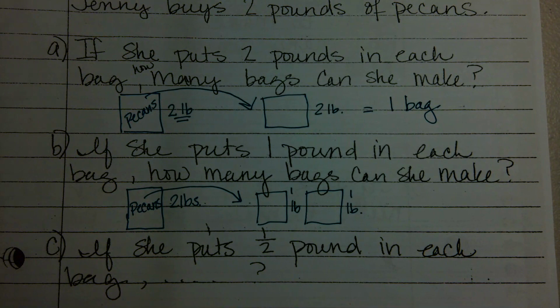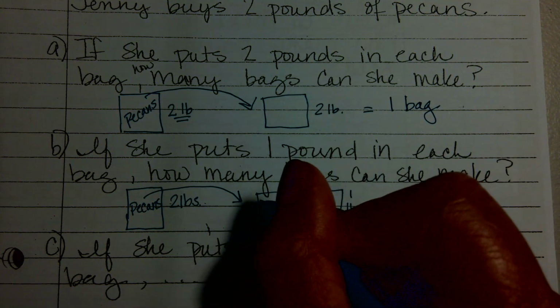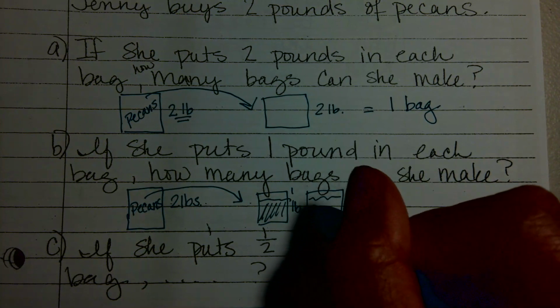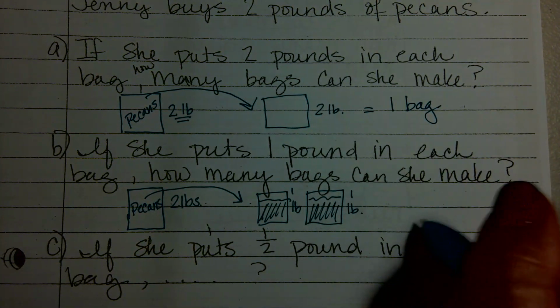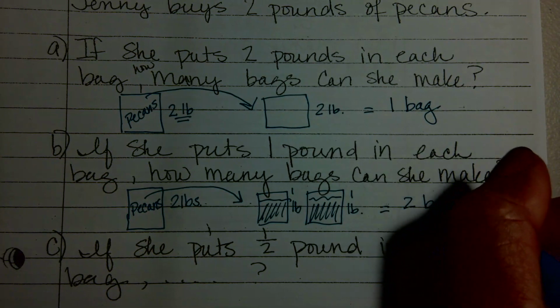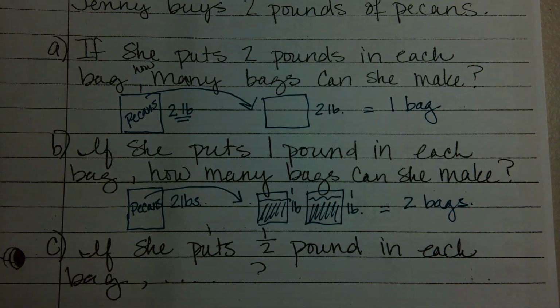How many bags will she make? Well, she'll put 1 pound in here, and she would put 1 pound in here, right? How many bags will she make? She'll make 2 bags, correct?